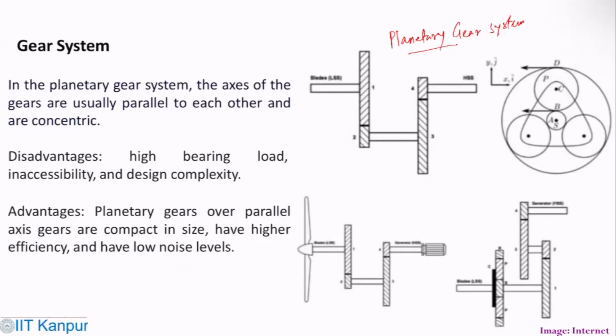There are some disadvantages of this kind of gear system: high bearing load, inaccessibility, and design complexity. So these are obvious things to have, that this kind of situation may arise.